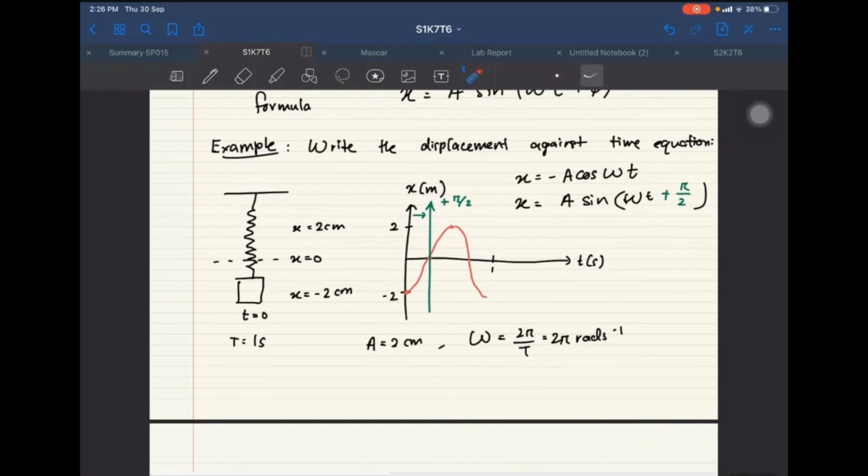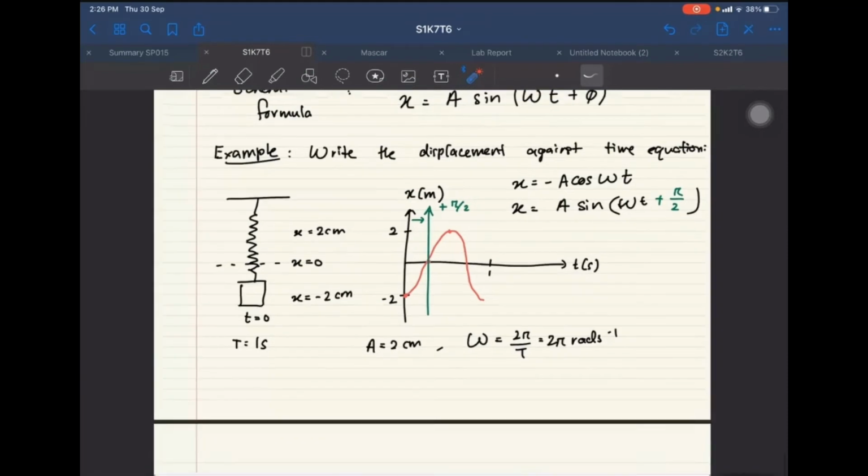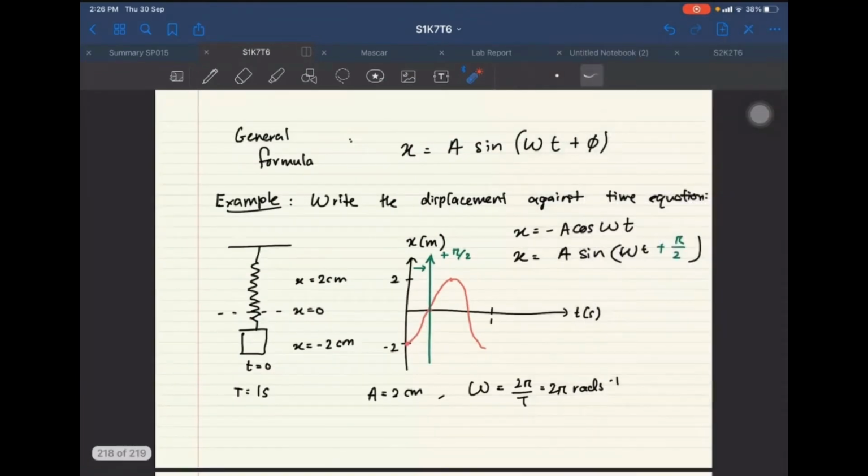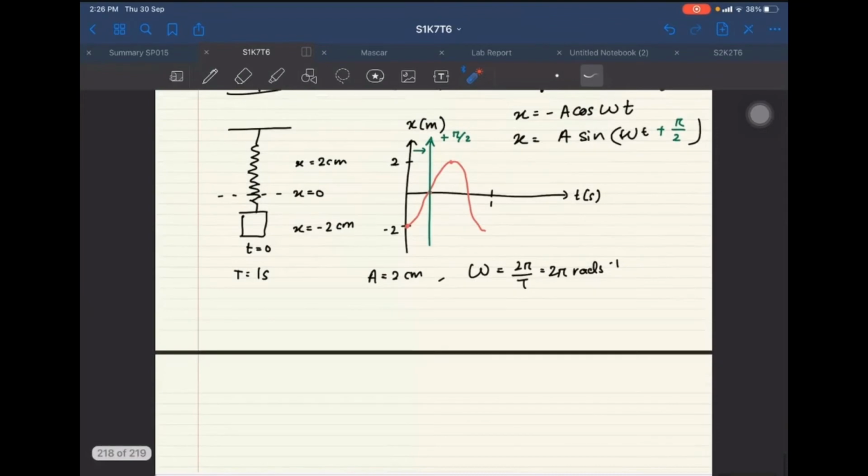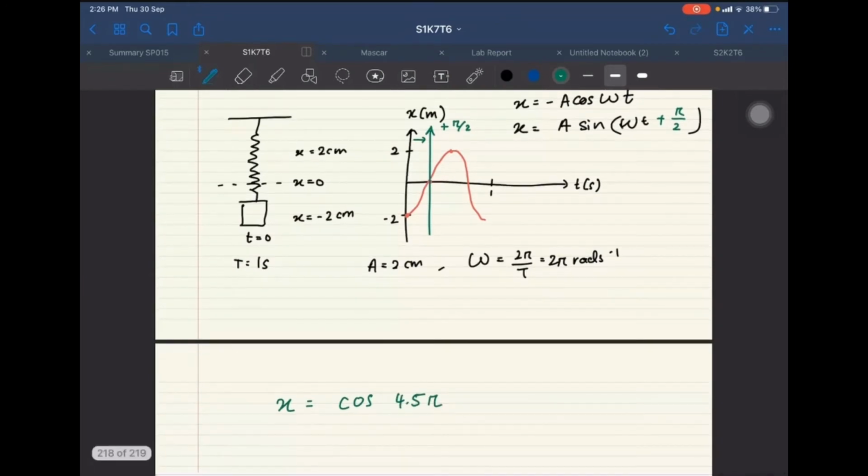Okay, to check whether this one is correct or not, you can do a simple calculation. So, if I want to do a simple calculation, let's say if I choose a number. So, let's say x equals to negative cos 4.5 pi dengan x equals to sin 4.5 pi plus pi over 2.